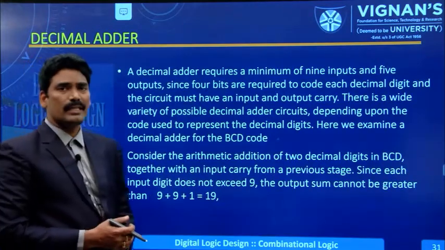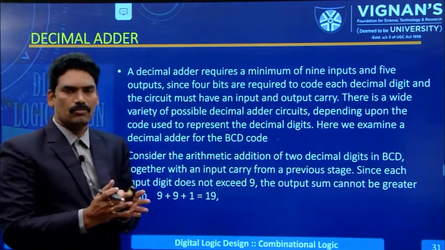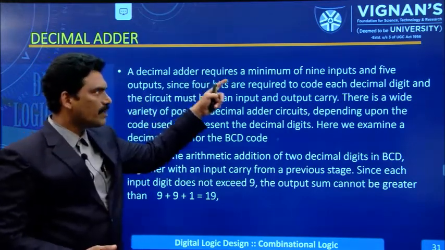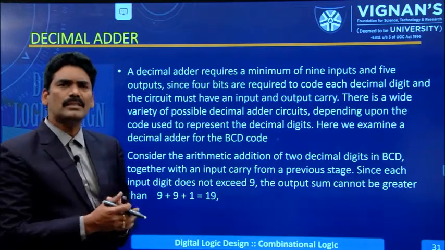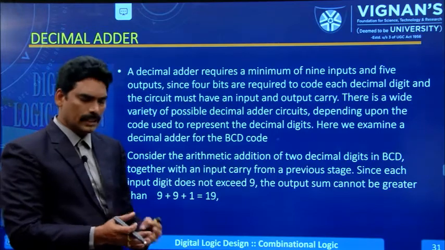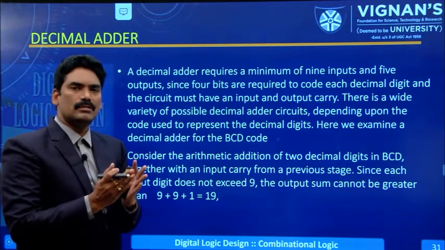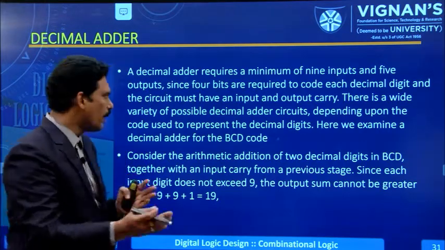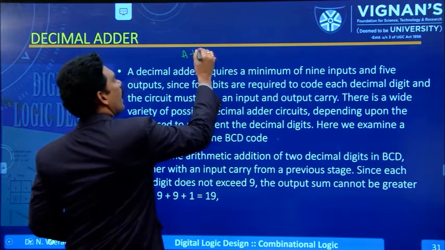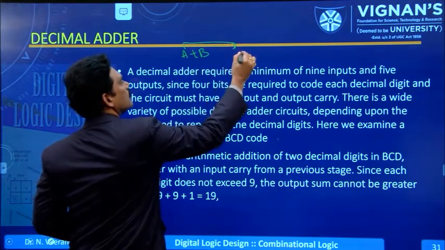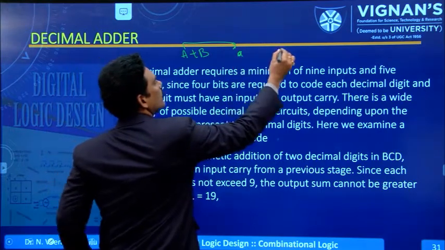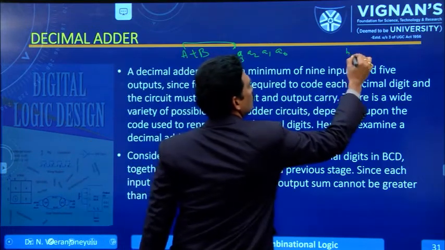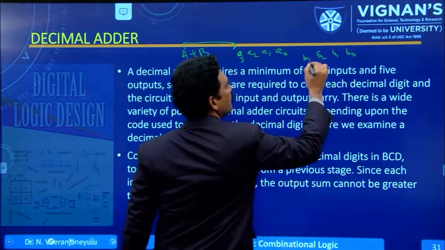What is a decimal adder? A decimal adder requires a minimum of 9 inputs. What are those 9 inputs? If it is a 4-bit decimal adder, suppose we want to add A and B. A has 4 bits, A0, A1, A2, A3, and B has 4 bits, B0, B1, B2, B3, that is 8 bits, and a carry.